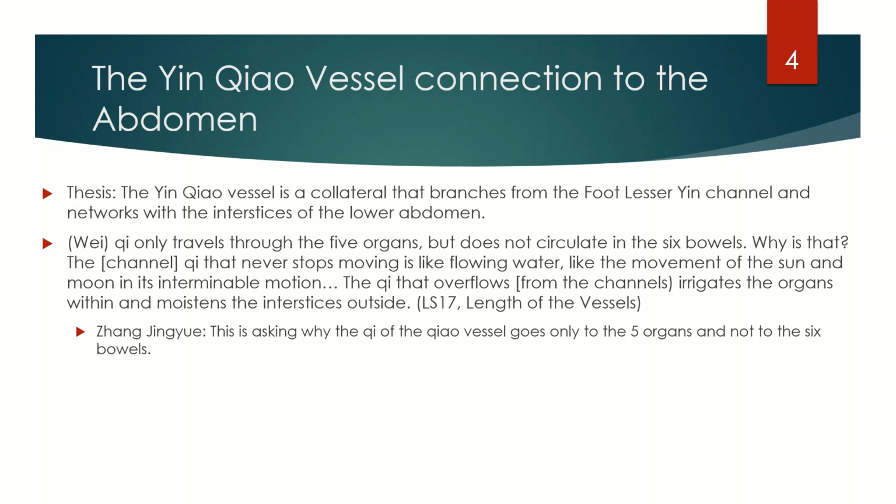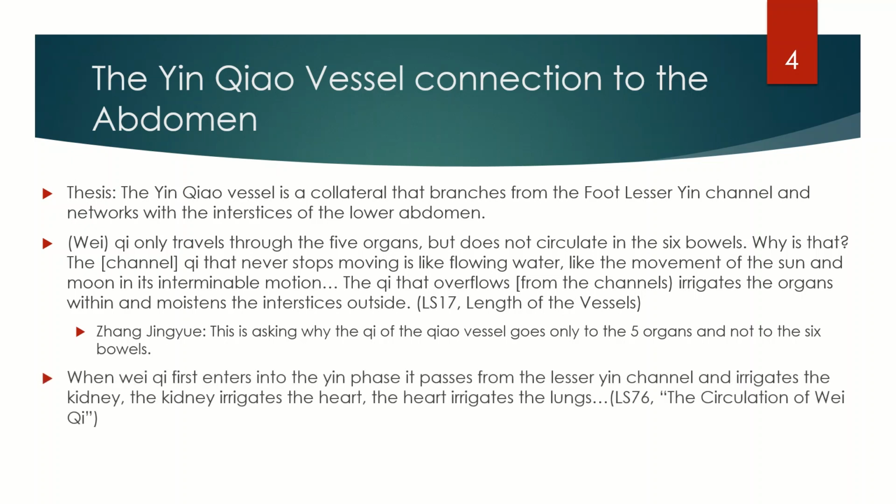We'll see that that's not necessarily the case, but this is what he indeed takes from this line, and the Length of the Vessels is mostly talking about the Qiao vessels. But how did Zhang Jingyue make this conclusion?